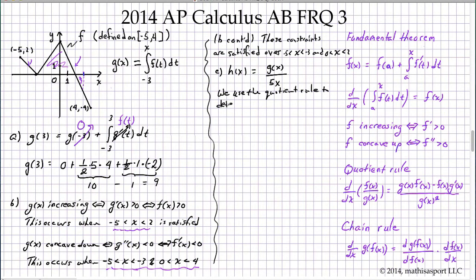To determine h prime of 3, namely h prime of 3 equals the bottom, 5x, times the derivative of the top, g prime of x, minus the top function, the function in the numerator, times the derivative of the denominator, which I'm just going to write as 5.